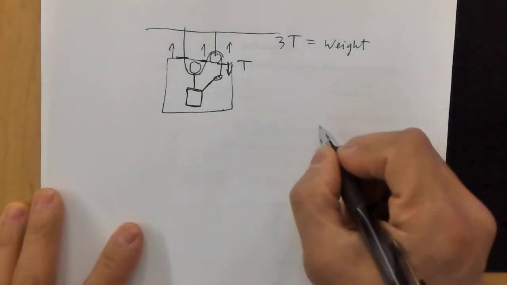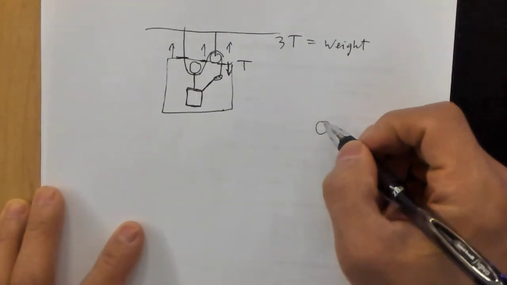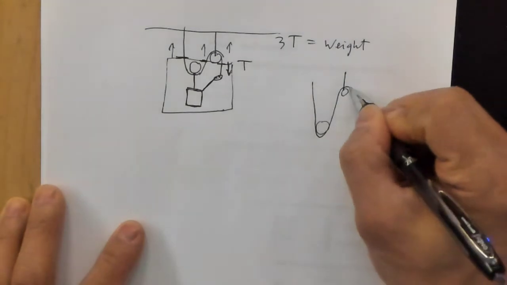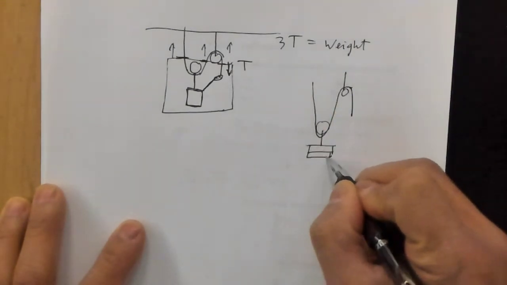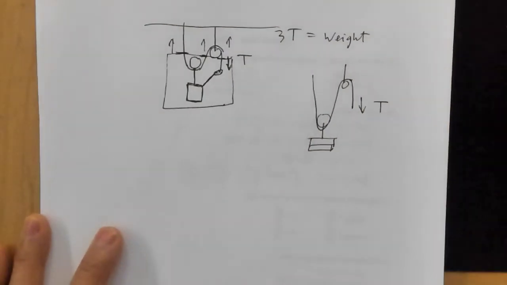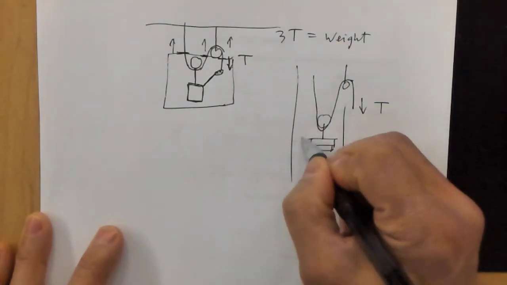But the general point is that if you have a system like this, suppose this was a stack of weights, and you pull down with a tension T, and this is like in a gym or something, and this weight stack goes up.